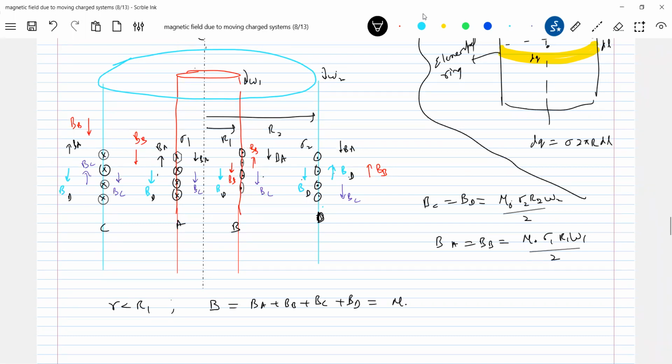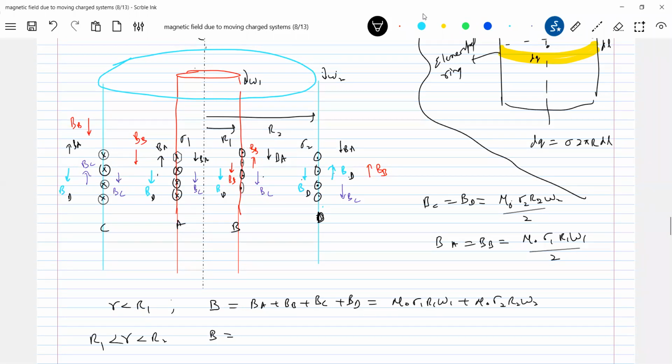So total it will be mu naught sigma 1 R1 omega 1 plus mu naught sigma 2 R2 omega 2. Now for R between R1 and R2, C and D will add up, whereas BB and BA will get cancelled.